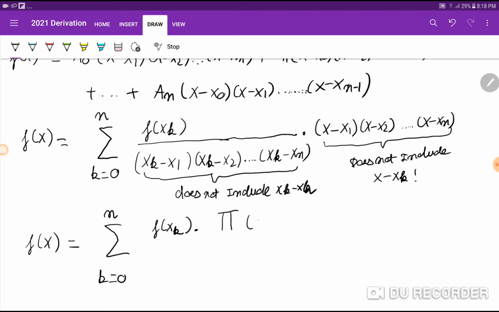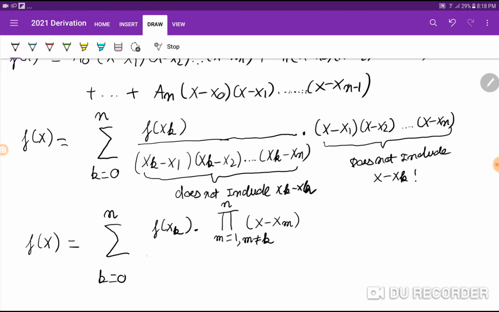The product of (x minus xm) from 1 to n, and m is not k.